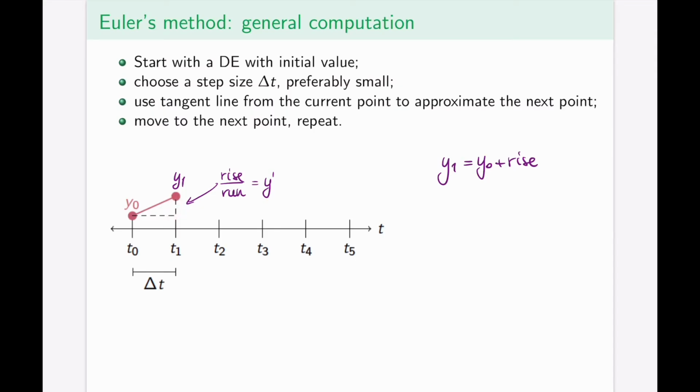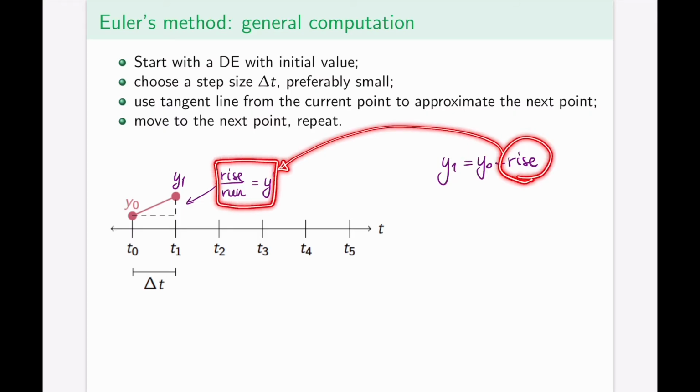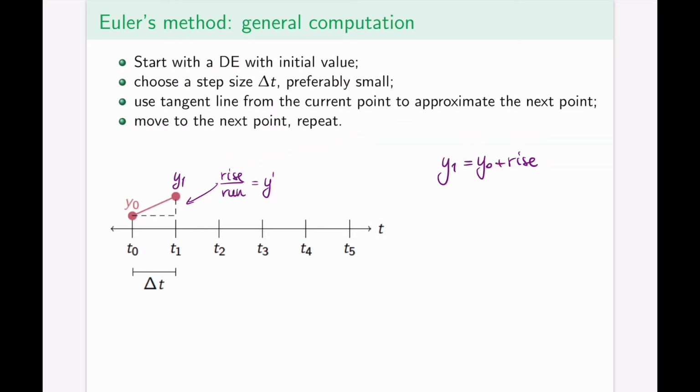Now, what I can do is rewrite this rise in terms of my y prime and this formula right here. I'm going to do it in two steps so it's clear where I'm getting things from. Instead of writing rise, I'm going to write rise over run times the run. So I haven't really changed anything. The run value can cancel out and I will get my y0 plus the rise.